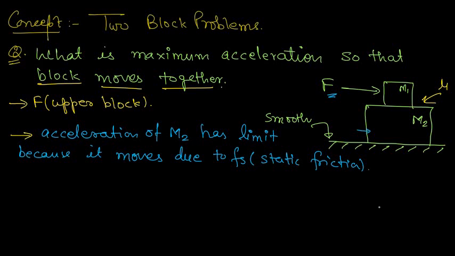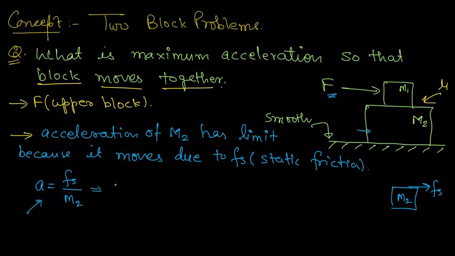So the situation is similar. This is a block m2, and there is a force Fs acting on it, so that it is moving in the forward direction. So what happens to m1? The acceleration is limited by m2. So the acceleration is Fs by m2, because Fs is the total force that is acting on m2. This is just Newton's equation of motion.